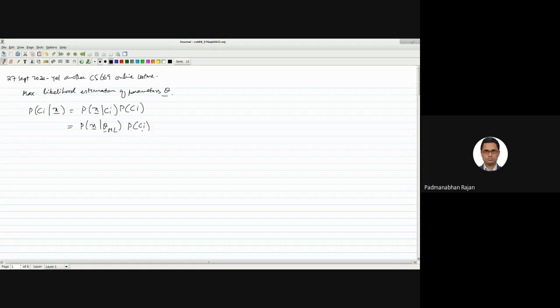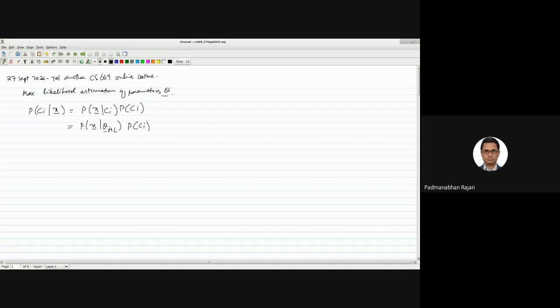P of Ci is reasonably easy to compute. Either somebody gives you this information or we can estimate it as a proportion of the number of training examples per class. And this one is the estimation of the parameters given the data, which is the maximum likelihood estimate.